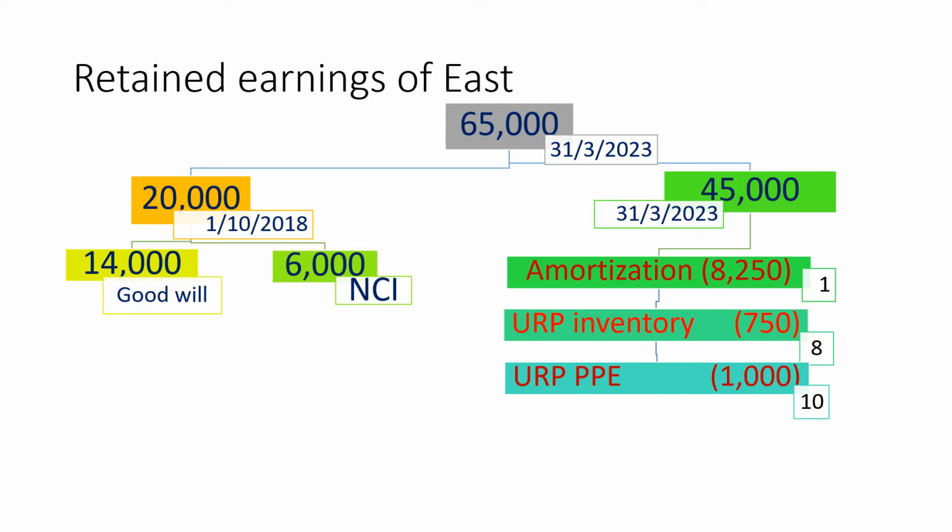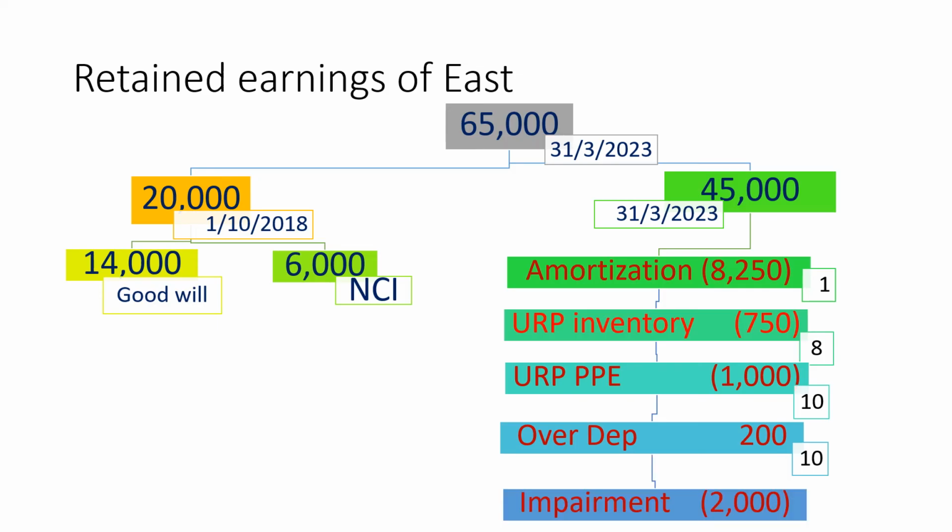Because of this transaction we have over depreciated, so we have to add it back to the post-acquisition reserves, and this is also in adjustment number 10. Then finally the impairment of goodwill of the East, that is 2000, which comes under adjustment number 11.